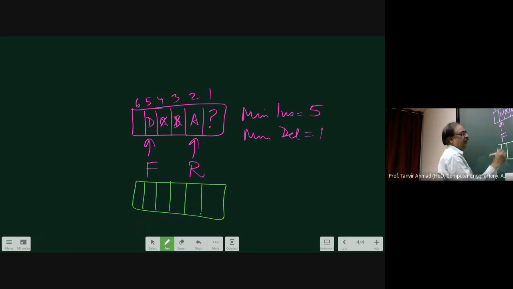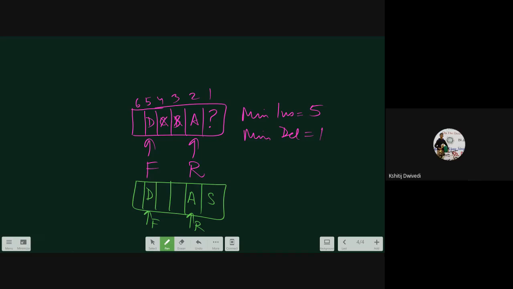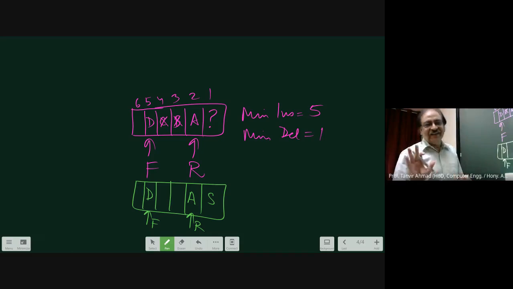Maybe if D is here, A is here, it should have been some value, say S over here. And then I can say ये R है और ये F है. ये true है. So there should be value after D as well. Correct.